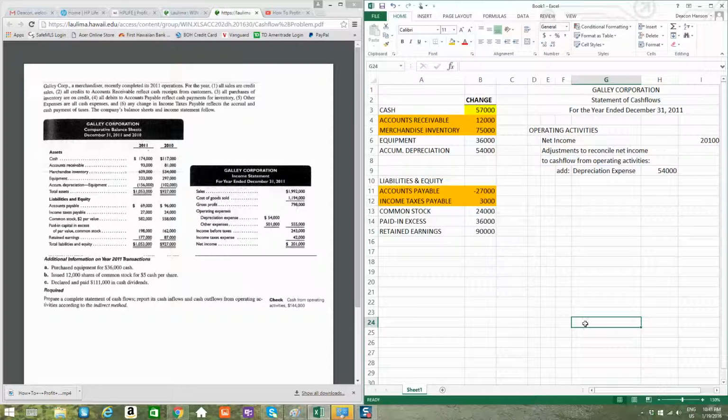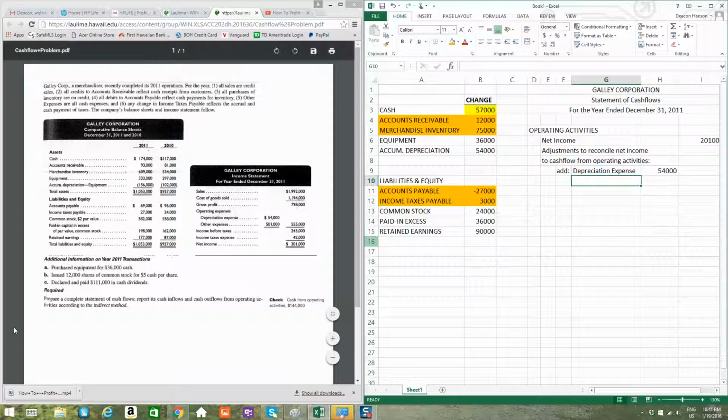Now we know the rule is all increases in current assets are subtracted. Okay, and all decreases in current assets are added back. And it's the opposite for payables. So all increases in payables are added, and all decreases in payables are subtracted. So any current liability.